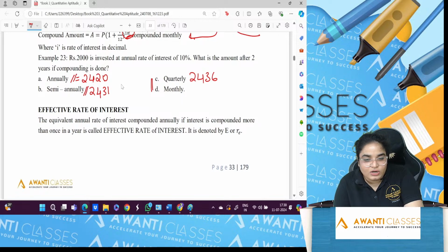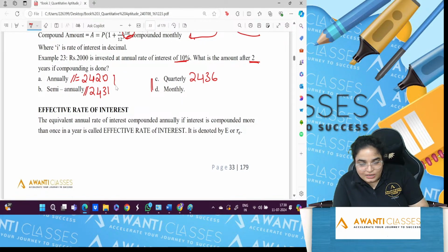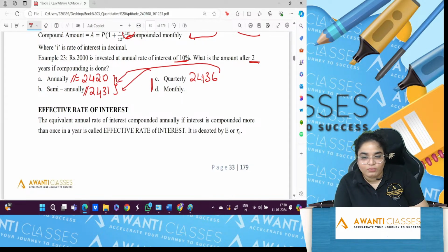Are you seeing the trend? Principal is the same, rate of interest is the same, years are the same, 2 years. But just because compounding is happening annually, semi-annually, quarterly, the interest amounts are different from each other every single time, yes or no?